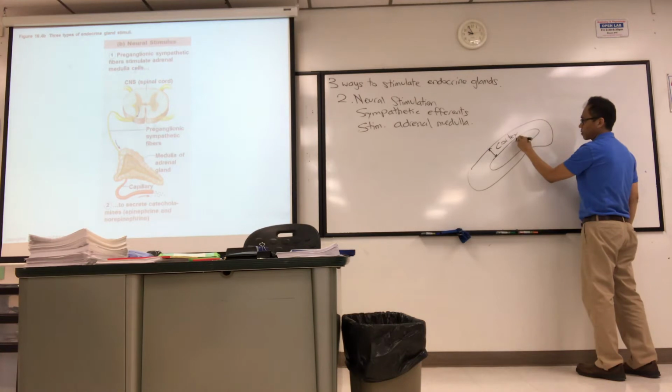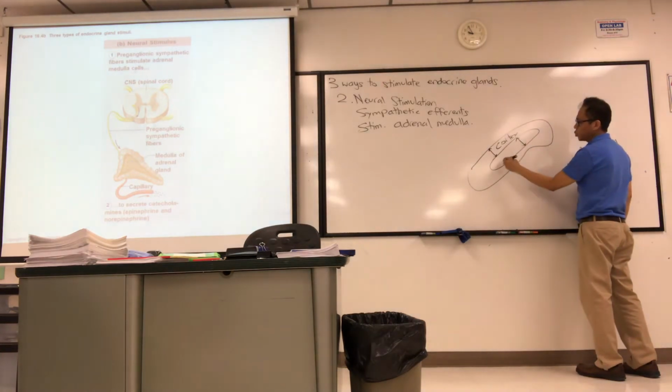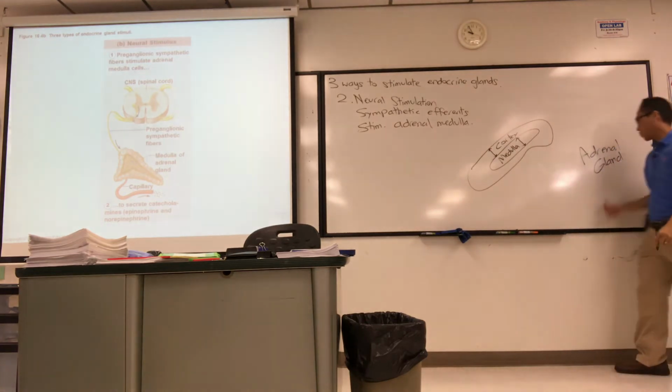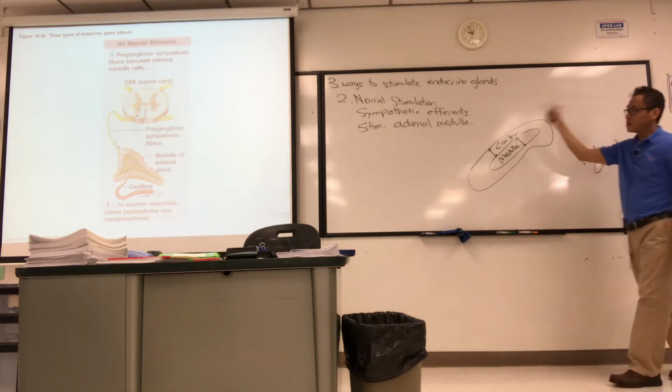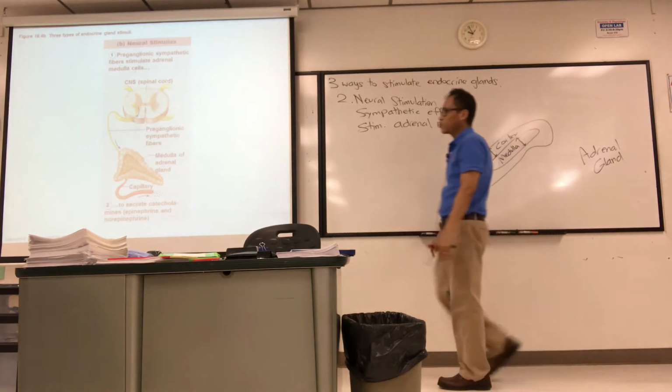The inner part is called medulla. So you have to differentiate adrenal cortex from adrenal medulla. Cortex means bark. It's always the outer part in anatomy. Medulla means pith. It's internal. Anyways, in this example, you're stimulating the adrenal medulla.